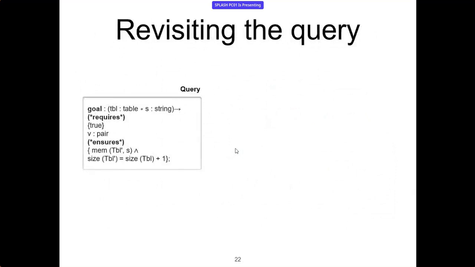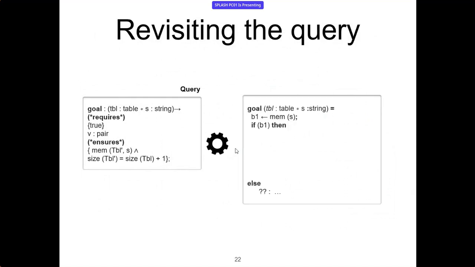So in order to understand the CDCL version, we have to revisit the query in some sense. So here's the same query which we saw earlier, the table example. And when the synthesizer takes this query, it uses some top-level goals for breaking the query into the two cases: when S is in the table and when S is not in the table.